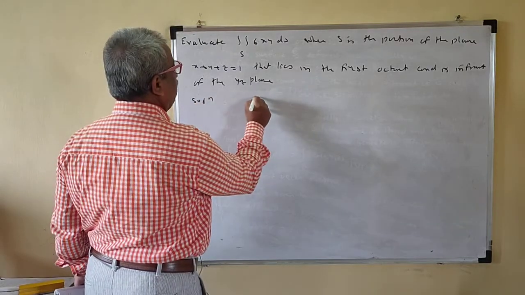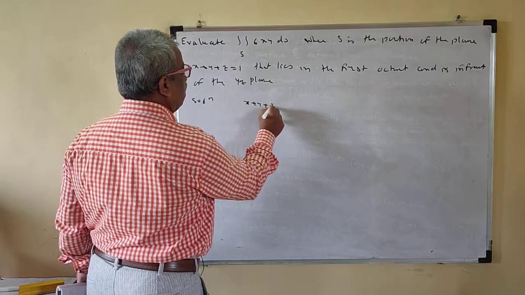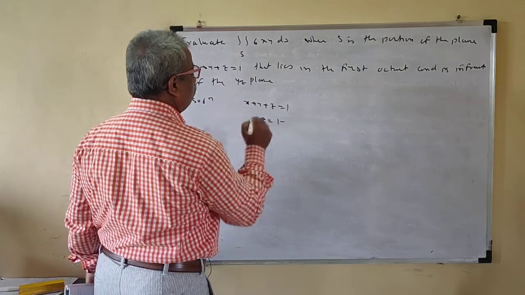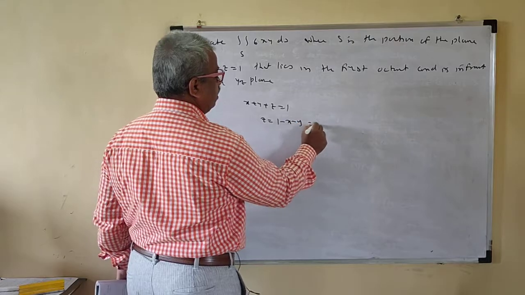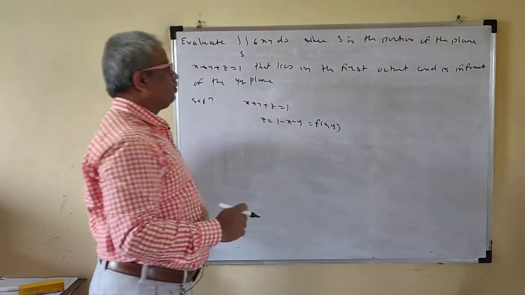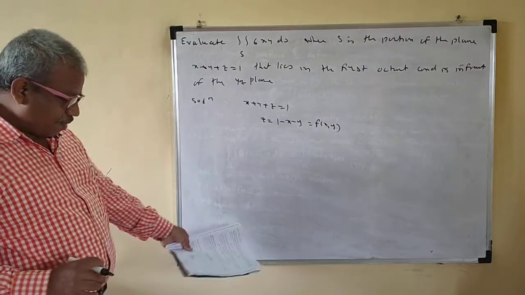Now here, x + y + z = 1, so therefore z = 1 - x - y. This is f of x, y, so you can apply the third formula.